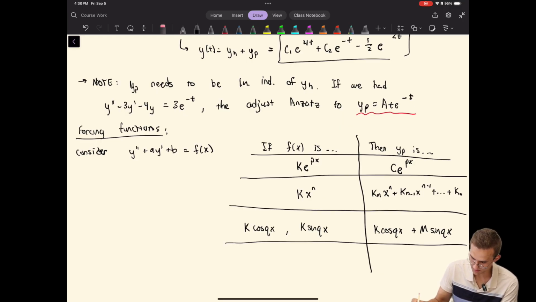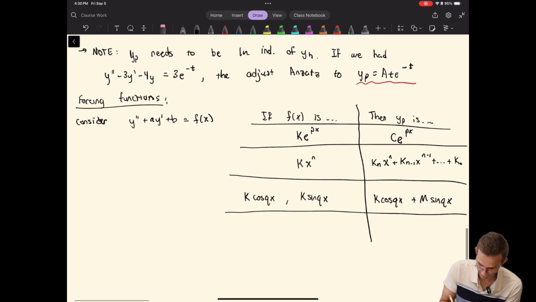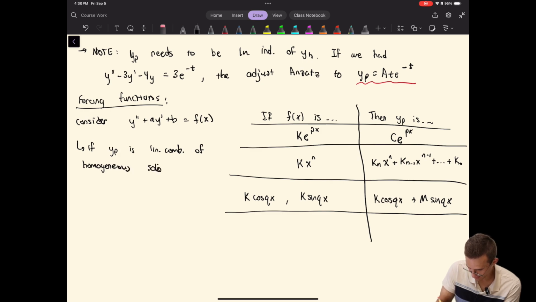They can't be a linear combination of the homogeneous solution components. So if yp is a linear combination of homogeneous solution components, then multiply by x or x squared.